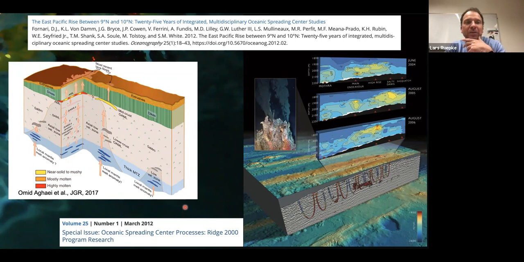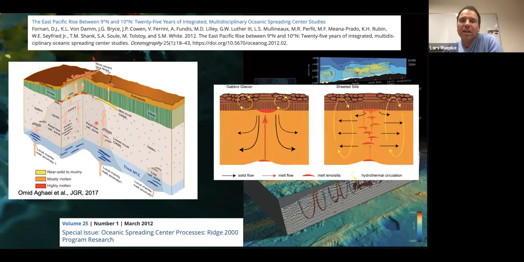And lately there has been the 3D seismic study by Milena Marjanovic and Omid Aghaei, and I think Papu Canales was involved, Mladen Nedimović, really fantastic data sets on the seismic structure on the East Pacific Rise. And some of those results show that in addition to the axial melt lens, you also have sub-axial melt lenses, you have off-axis melt lenses, and there are other data sets on how the hydrothermal cooling looks.